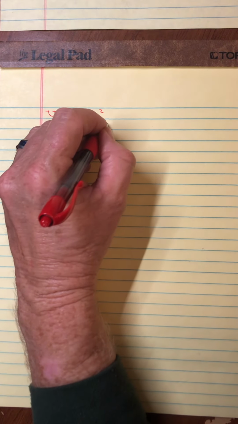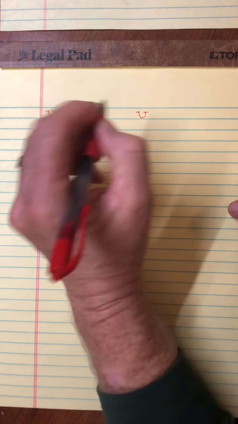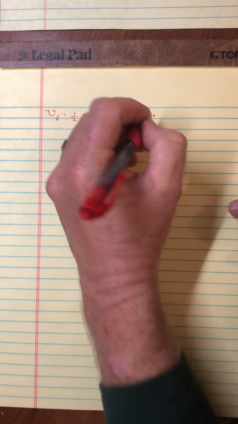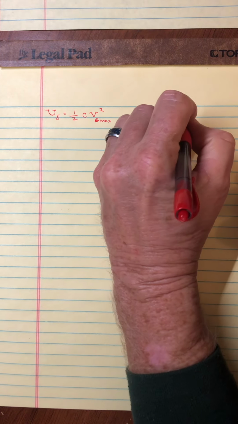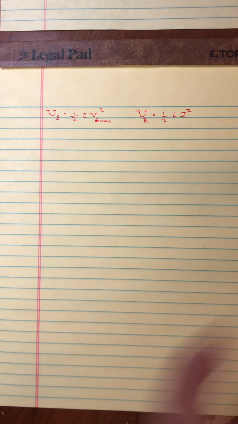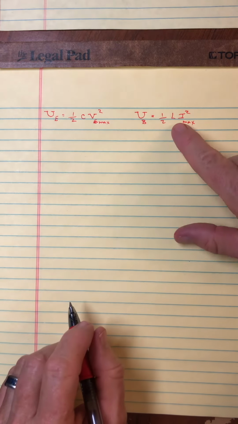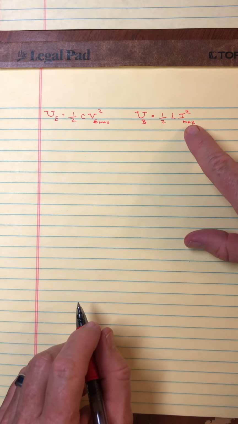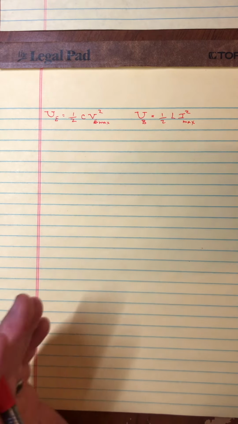And so this is the maximum. And then later on, as it oscillates, the capacitor becomes completely discharged. But at that time, then the inductor has all of the energy. And so this maximum current, although it occurs at a different time than the maximum voltage, they must mathematically be the same.